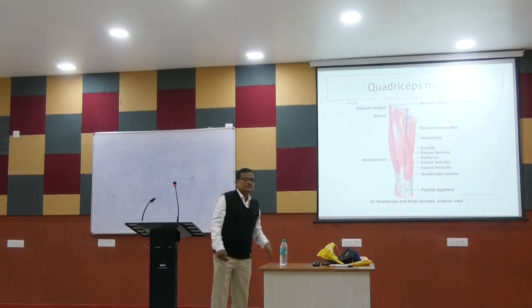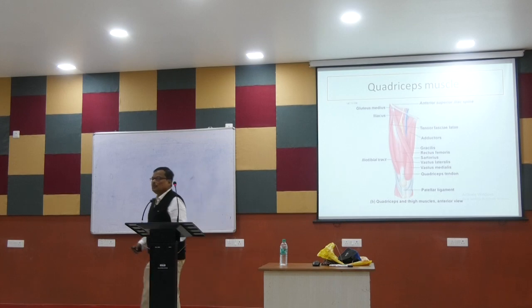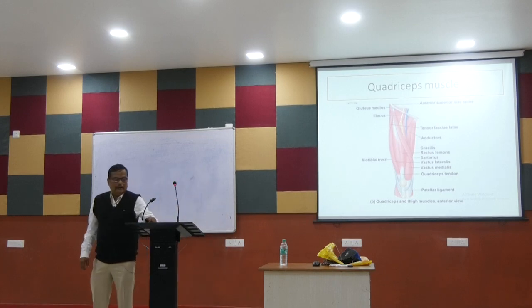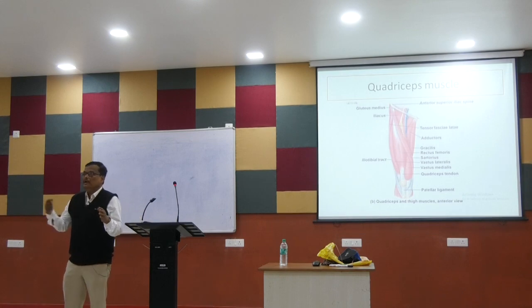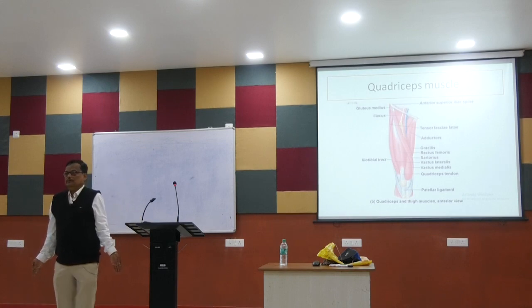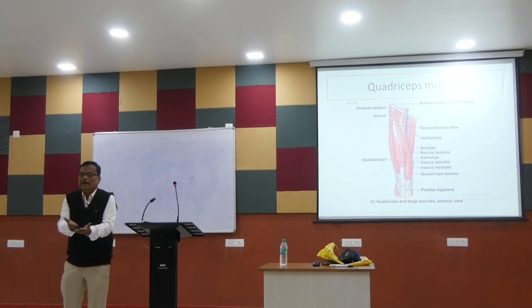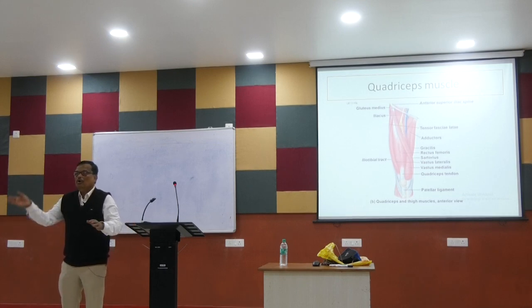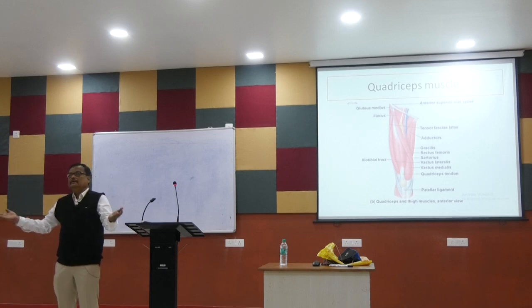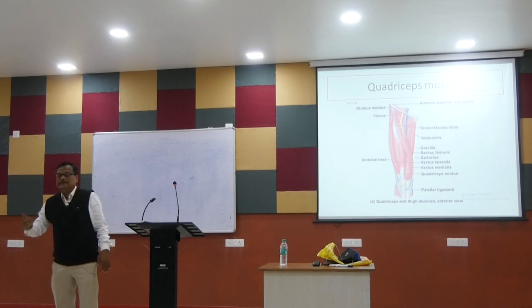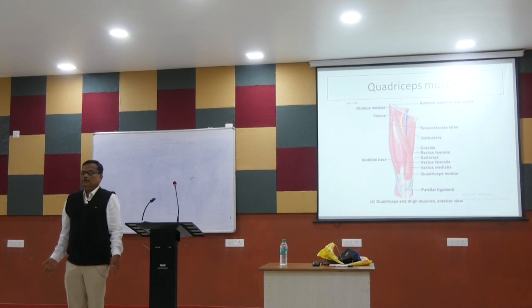Now what are the structures around the knee joint? Already you know that in our anatomical terms, we always describe the relation in the anatomical position, right? Whether the cadaver or the patient lies in the supine position or prone position, lying, standing, it should be described in the anatomical position.